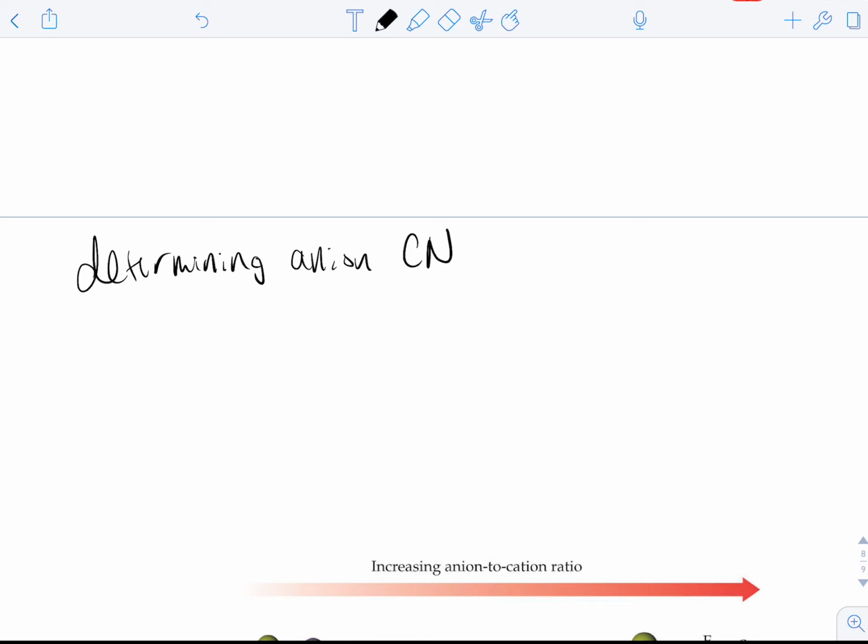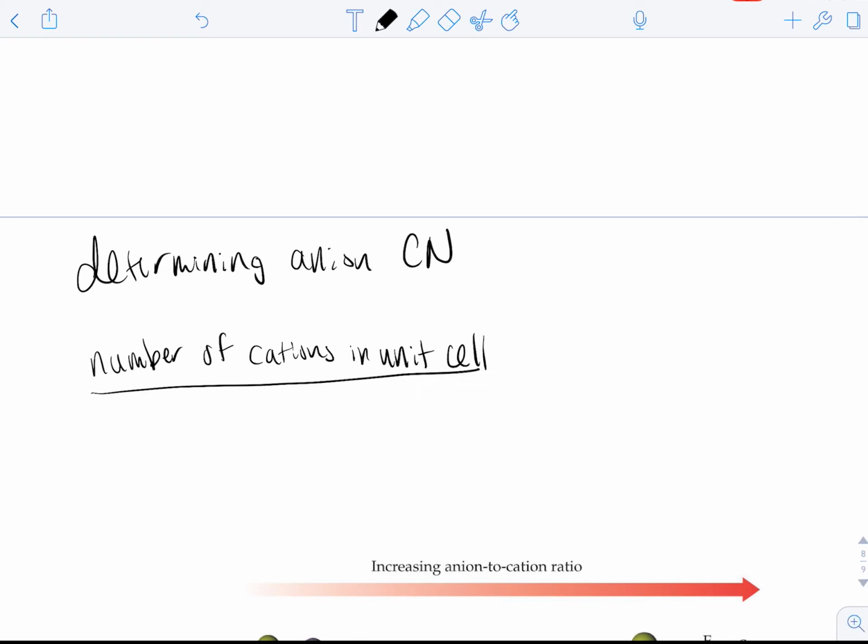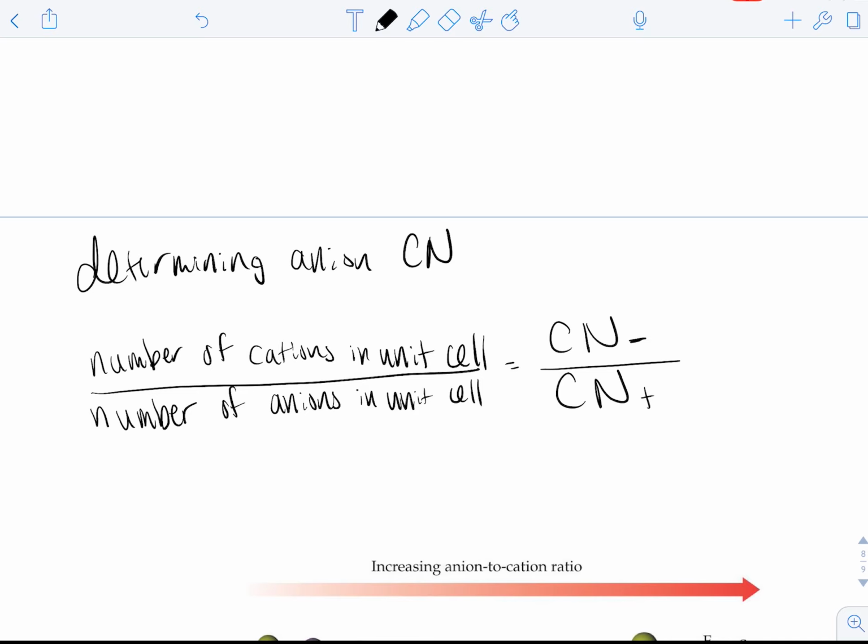So we take our number of cations in unit cell divided by number of anions in unit cell. This ratio will be equal to the coordination number for our anion over the coordination number for our cation. Actually, I'm just going to do Cn minus over Cn plus. So those ratios will be equal to each other.